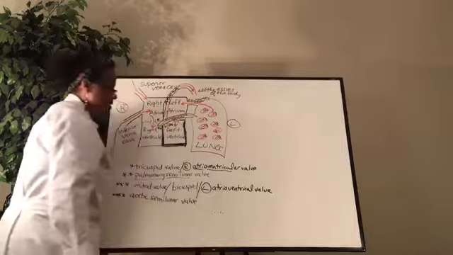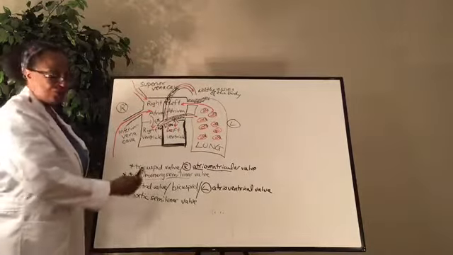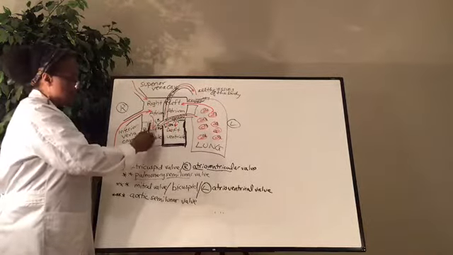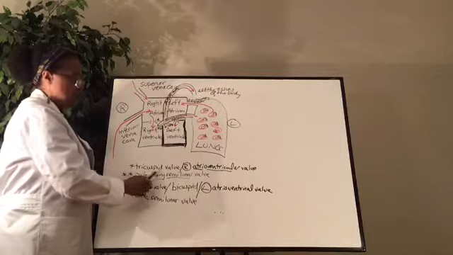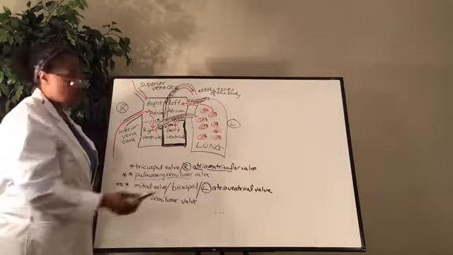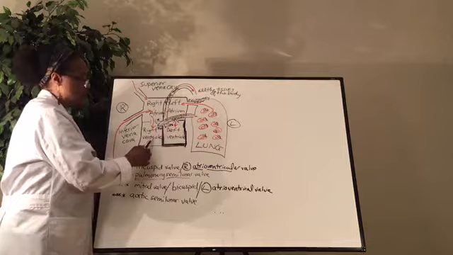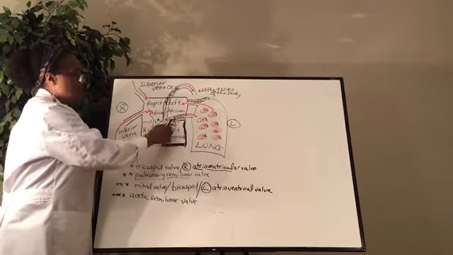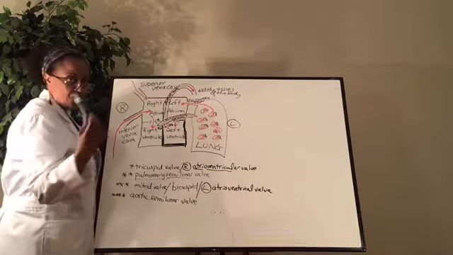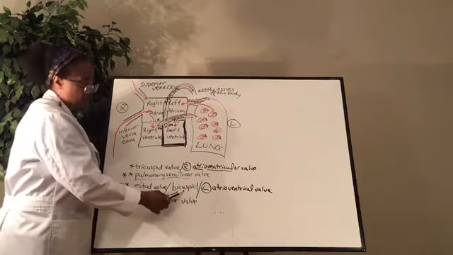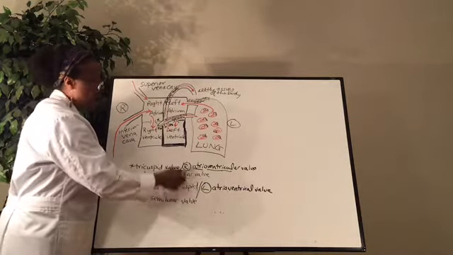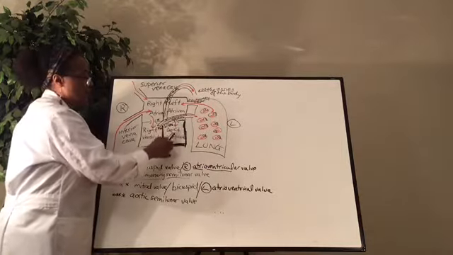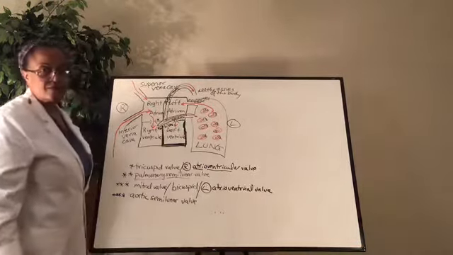All right? So we see that the tricuspid valve on the right side has 2 names. Tricuspid valve, also known as the right atrioventricular valve. On the left side of the heart, the mitral valve has 3 names. Mitral valve, bicuspid valve, or the left atrioventricular valve.